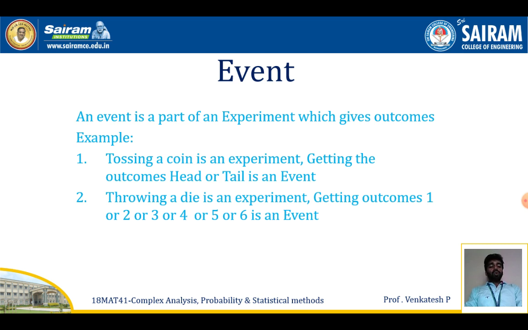So here throwing a die is an experiment and getting the outcomes 1 or 2 or 3 or 4 or 5 or 6 is an event. From the pack of 52 cards, drawing any two cards, we can call it an experiment, but drawing a card like king or queen is an event here.